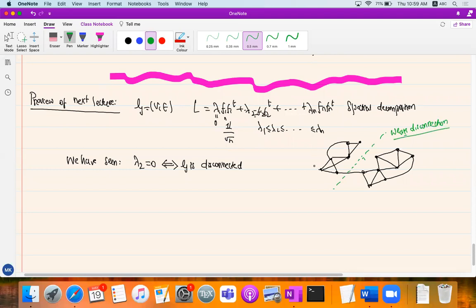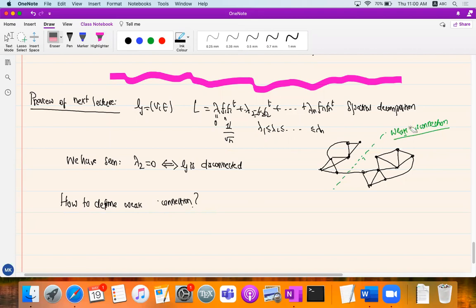How do we make sense of weak connection, and does it have anything to do with lambda 2? That is the question that we want to address. In some sense it's connected, but weakly connected.